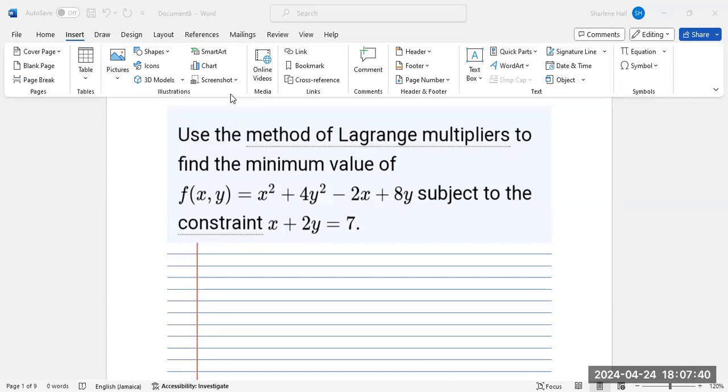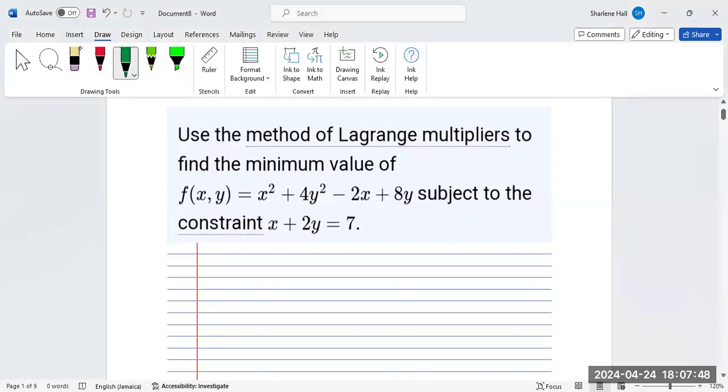Well, it's connected. Let me see if it will work. Oh, thank you, Lord, it works. I don't know where the connector is. I'm happy that it works. All right.